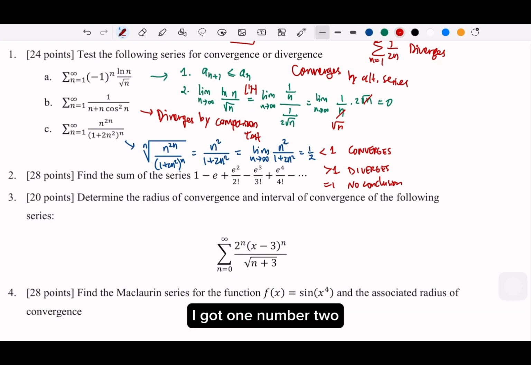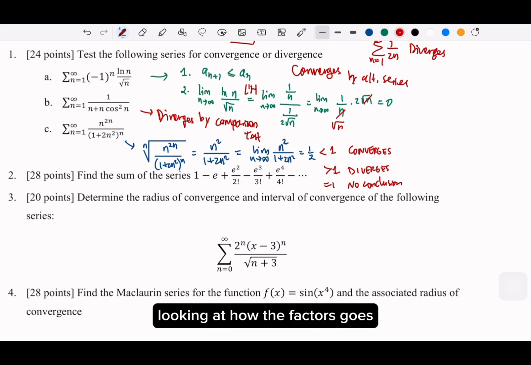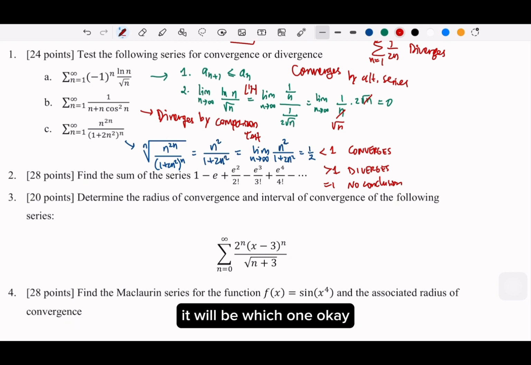How about number 2? Number 2, the way we are going to work this out is looking at how the factors go, and you need to think which Maclaurin function it will be.